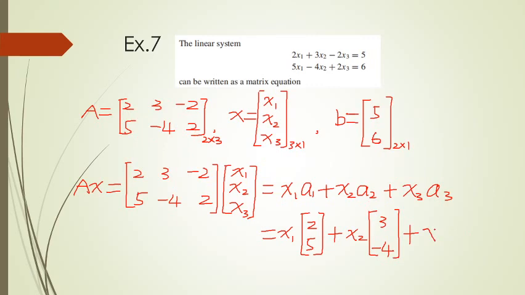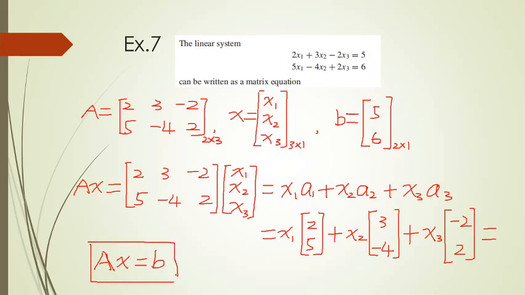Then x3 times the third column vector, minus 2, 2. And that equals b, right? Ax equals b. So x1 times a1 plus x2 times a2 plus x3 times a3 is b. The right side constant forms a column vector. That is how we rewrite the linear system.